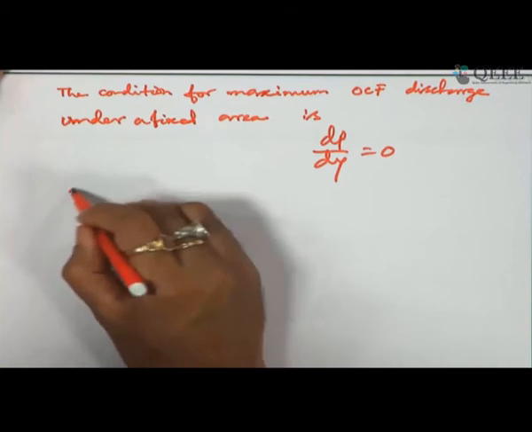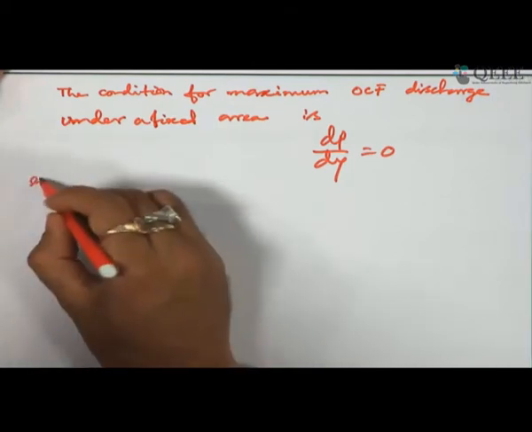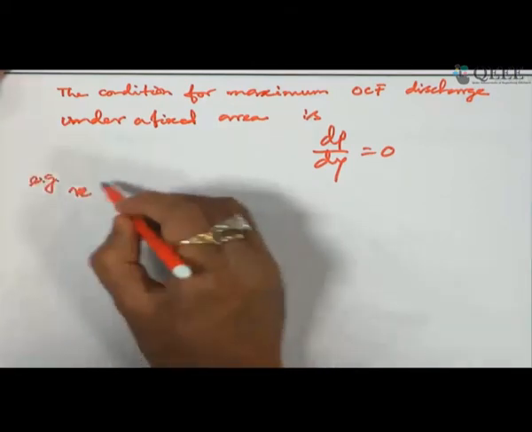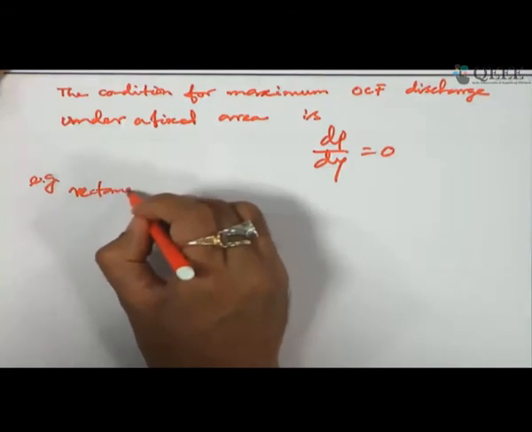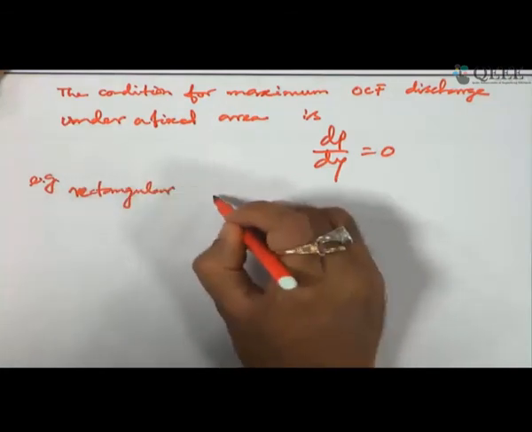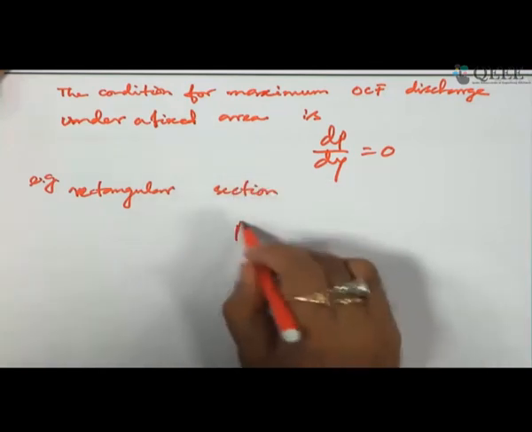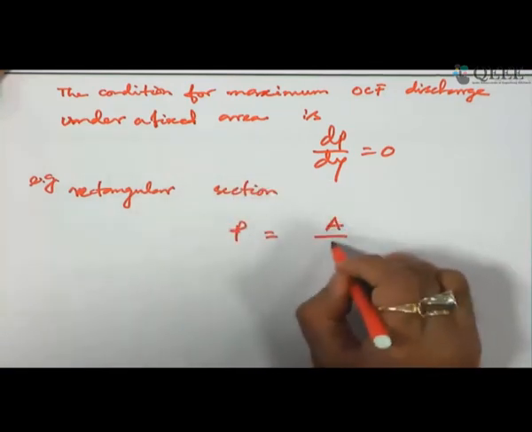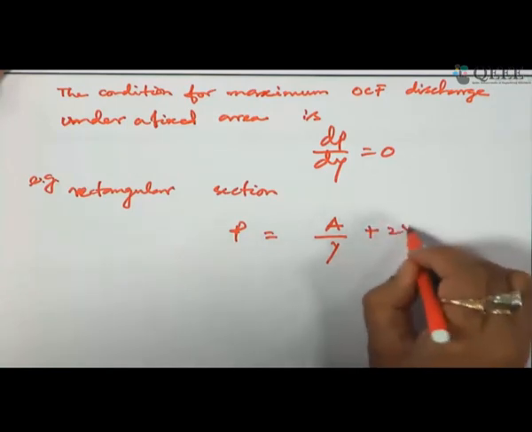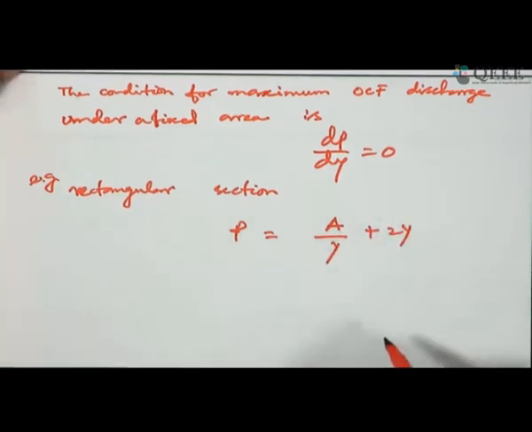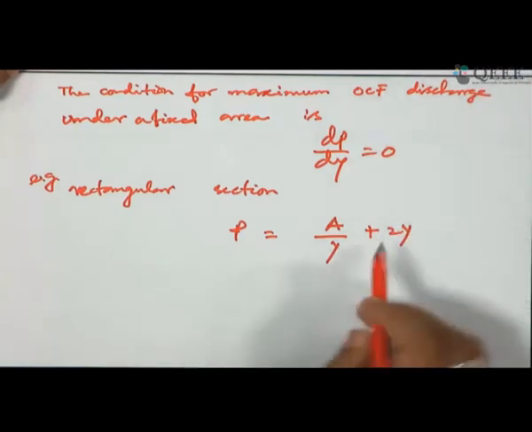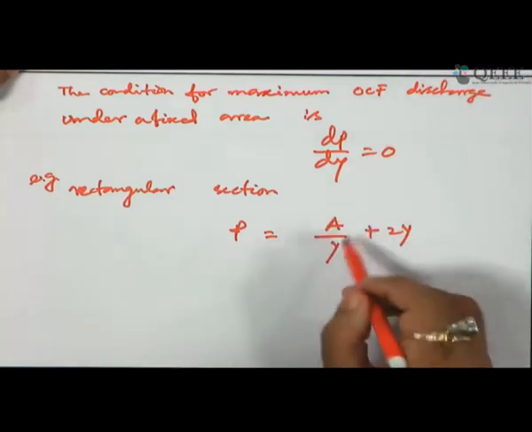For rectangular cross section, for example, P equals A by y plus 2y. In this case, this area is fixed, so area is constant.